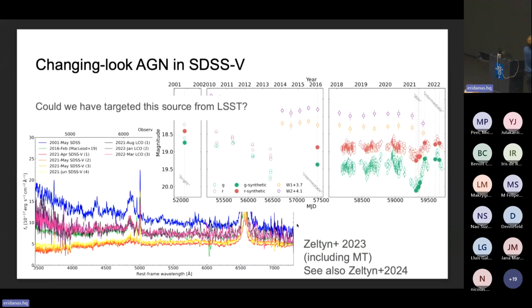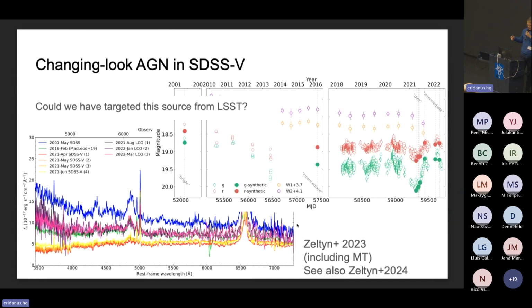And that was the second SDSS spectrum. The WISE light curves are at the top, and then you can see the ZTF light curve starts here, and it all looks very normal, and then there's this massive dip in 2021. It was completely serendipitous that SDSS-V happened to switch on, and this object was already in the target list, and we happened to get our first spectrum right at the bottom.